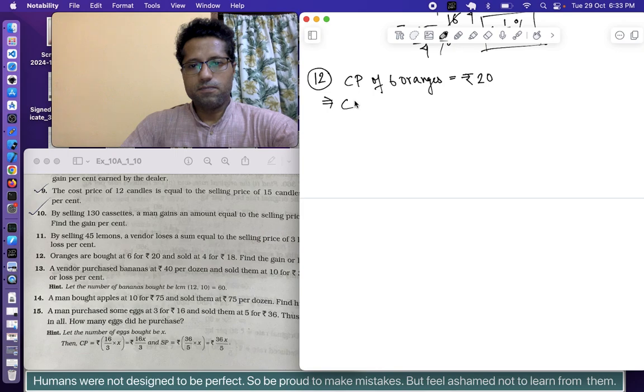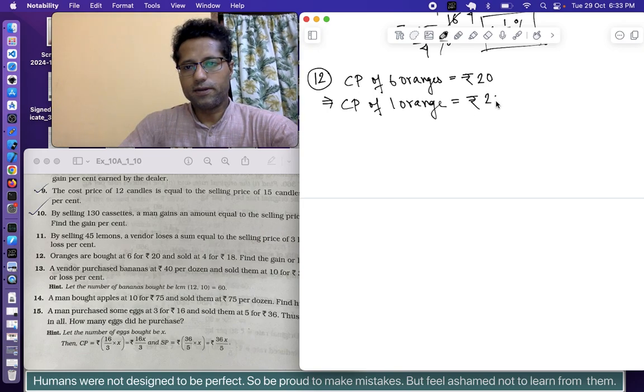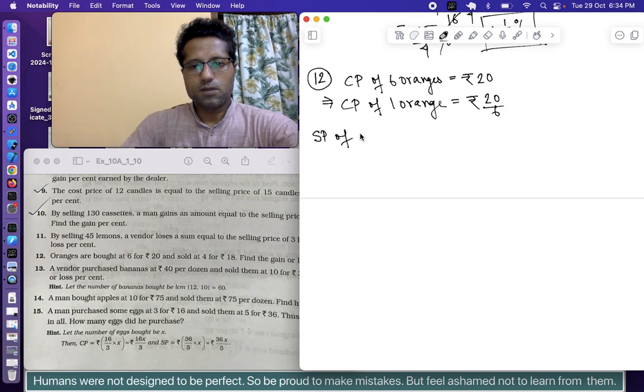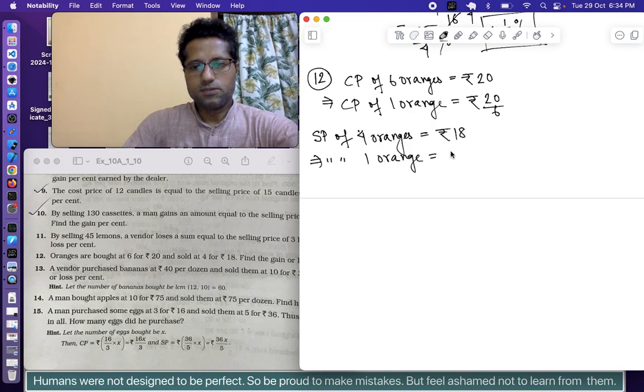So the CP of one orange is equal to rupees 20 divided by 6. Also it is given that the selling price of 4 oranges is equal to rupees 18. So the selling price of one orange is equal to rupees 18 by 4.